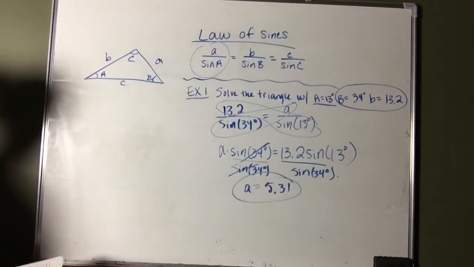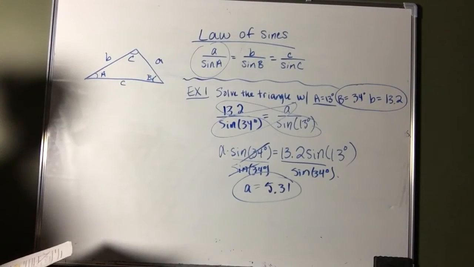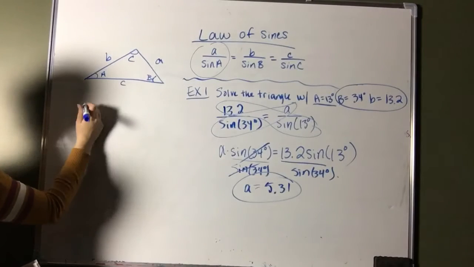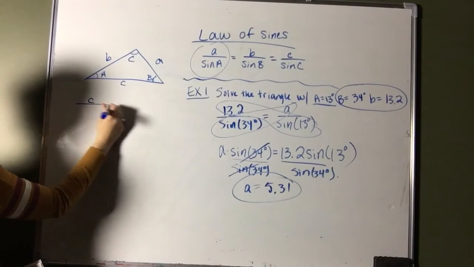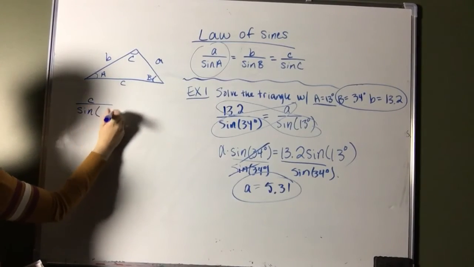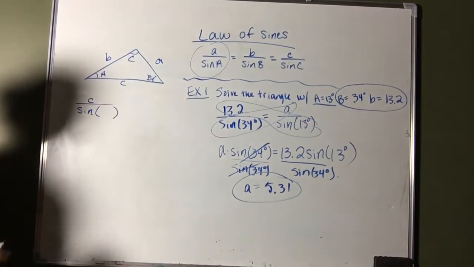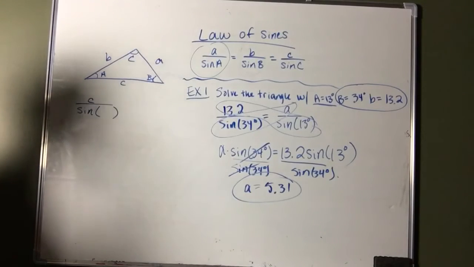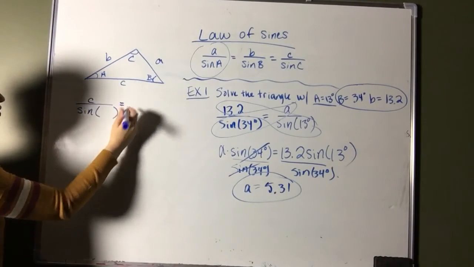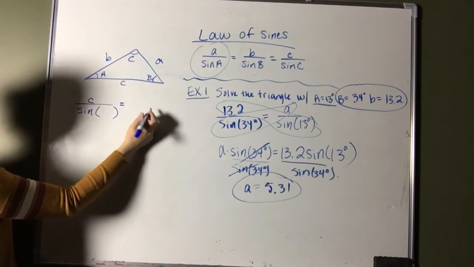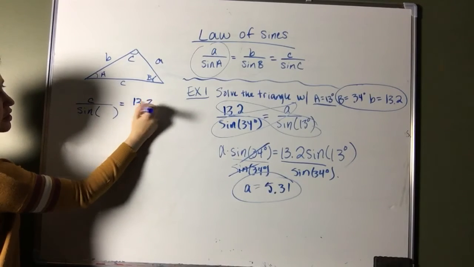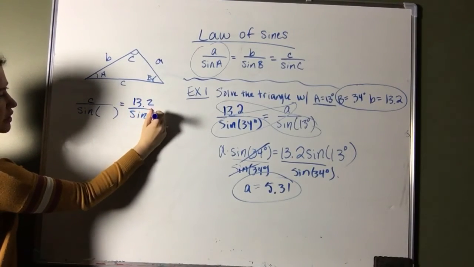We'll set up c divided by sine of big C, our angle C. Do we know that? We need to know that, right? We don't know that yet. We'll figure that out in a second. It is going to equal, we might as well go with 13.2 over sine of 34 again.